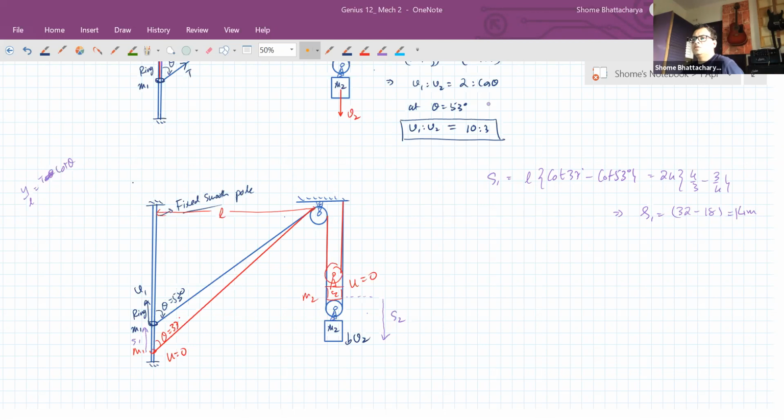Now S2 will be such that 2 times S2 is equal to the change in the hypotenuse, the thread length. So L upon hypotenuse is sine theta, so this is cosec.